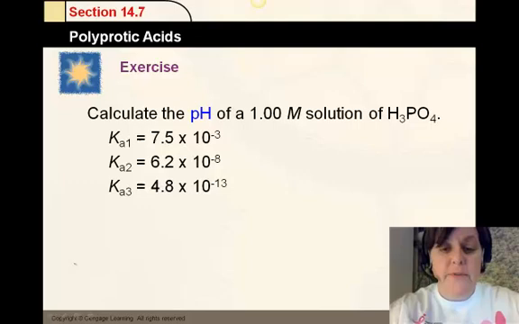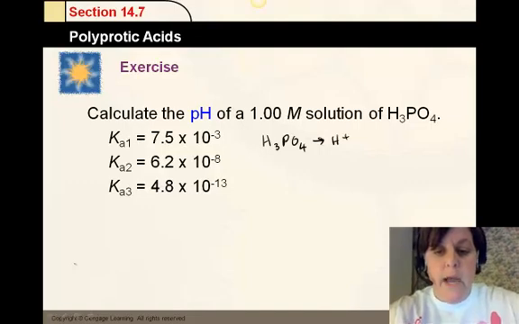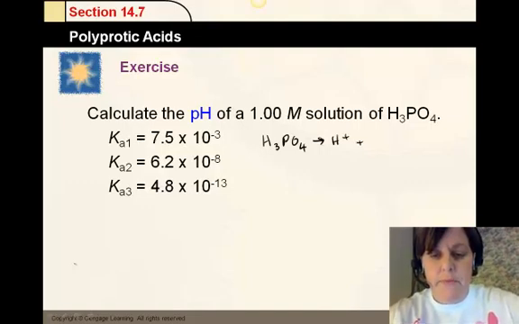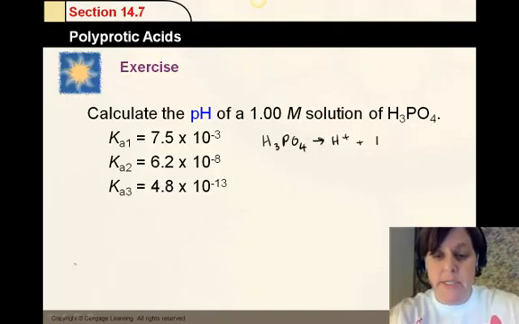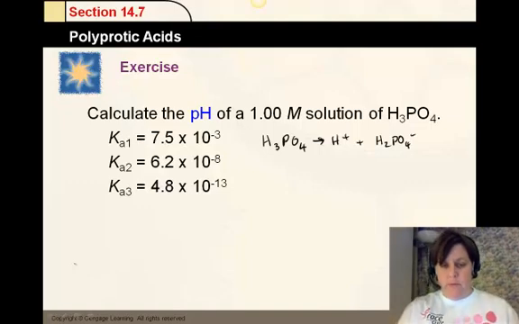Well, we will have to write a reaction, and remember, only one hydrogen is removed. I'm not adding it to water because I know one hydrogen is removed, and that which remains, H2PO4 negative, is what remains. So I'm only going to look at the first Ka value.